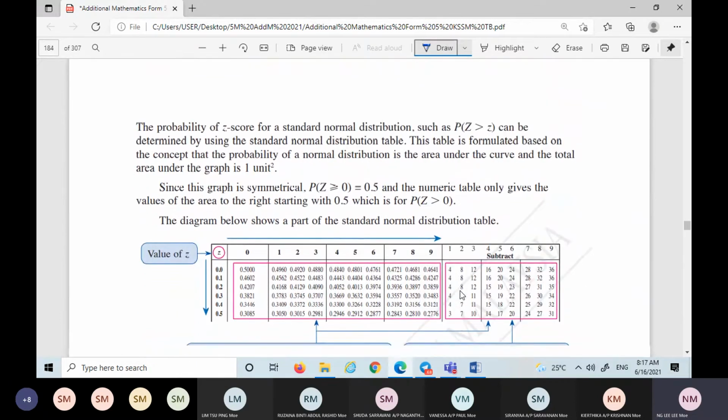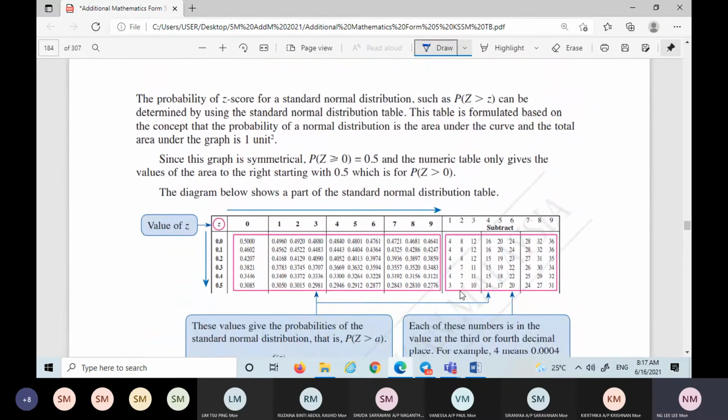This is how the table looks like. Afterwards I will open the soft copy as well. But before that, the whole idea. We see here the probability of a Z score of a standard normal distribution, such as P(Z smaller than z), can be determined by using the standard normal distribution table.